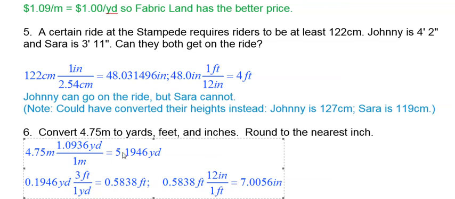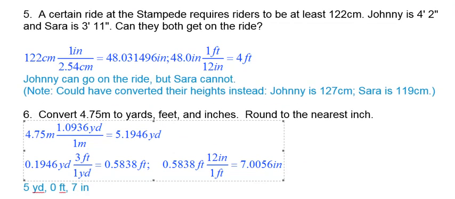So the 5 that we dropped off stays as our yard. The 0 that we dropped off stays our feet, and our final answer gives us our inches. So we were kind of working backwards on that one compared to the earlier one where we started at inches and put a value into feet and inches. So there's our examples of converting using imperial and metric within one question.